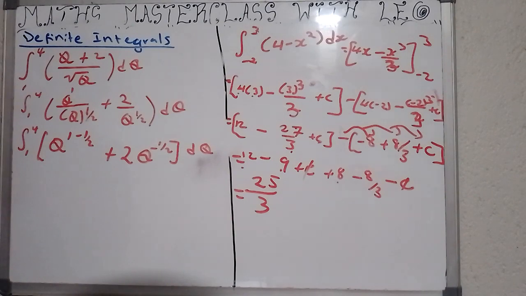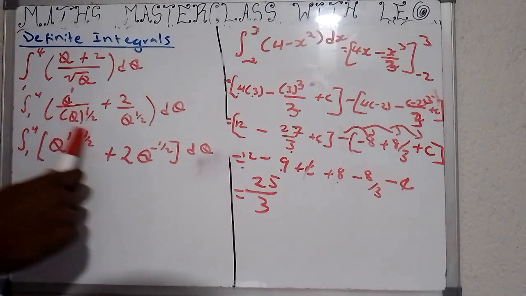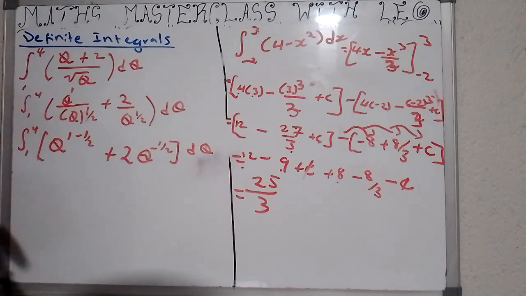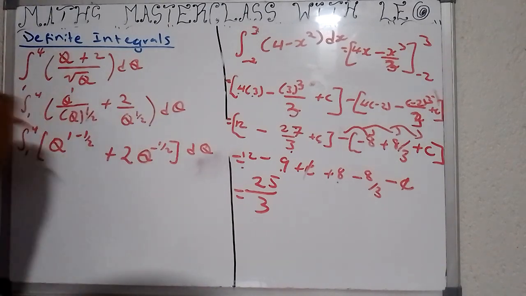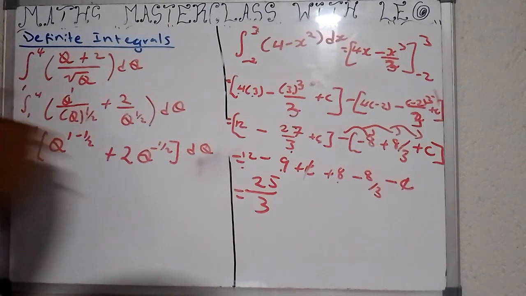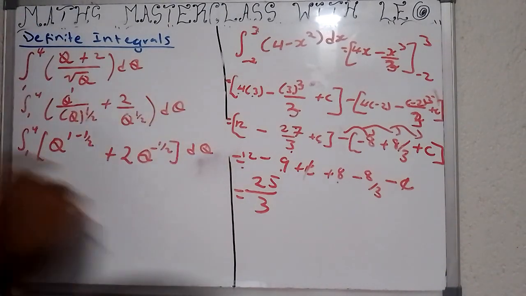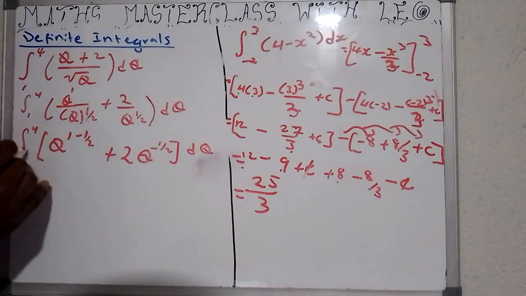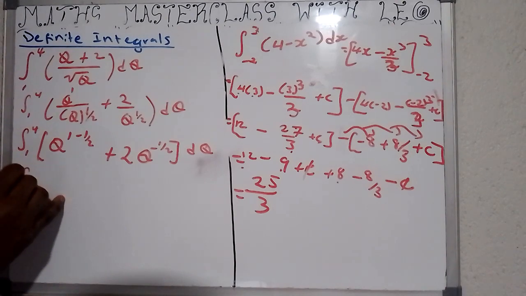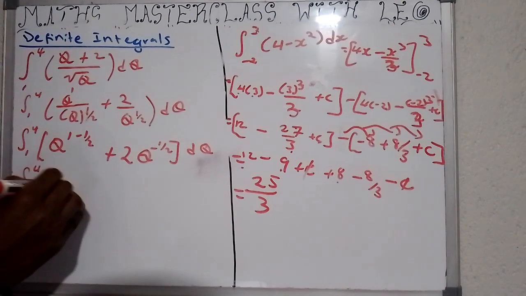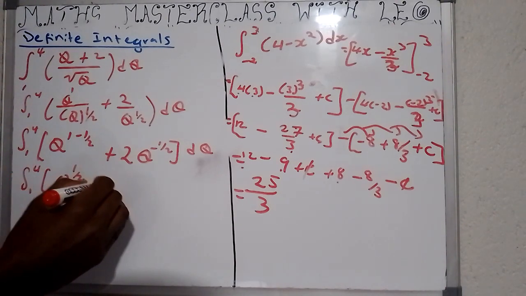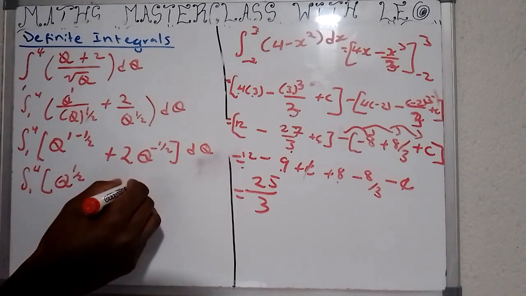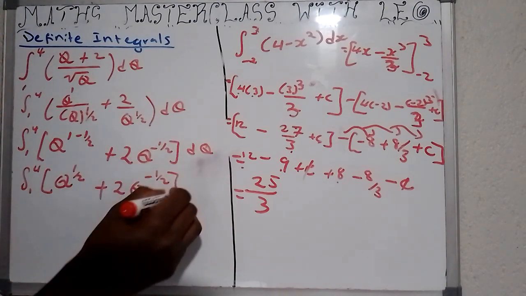I made sure it does not have a variable below on the denominator. Denominator, make sure it does not have any variable. Right? So in this case, I'm going to have the integral from 1 to 4 of theta to the 1 over 2 plus 2 theta to the minus 1 over 2.